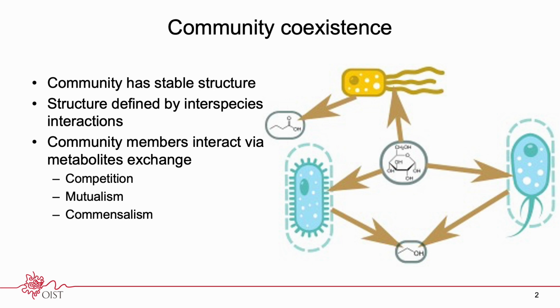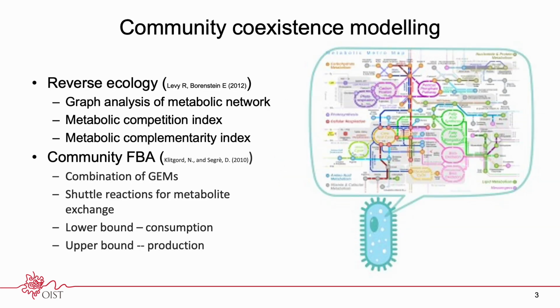In terms of modeling community coexistence, there are two major approaches. One is called reverse ecology, which is graph analysis of whole genome reconstruction of metabolic networks. Another is community flux balance analysis, which also uses whole genome reconstruction of metabolic networks, but in the form of constraint-based modeling.